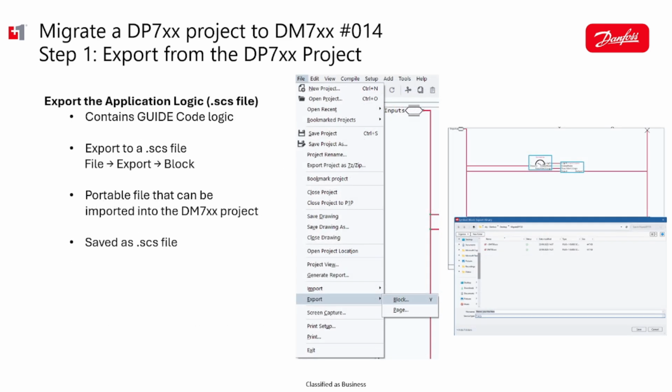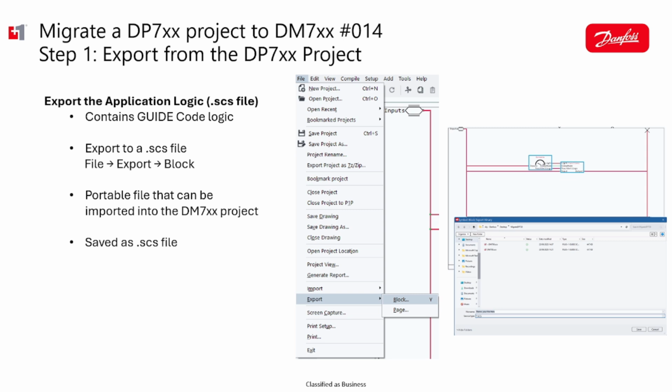Next is export the application logic, also called SCS file. The application page contains your logic, how buttons trigger screen changes, how messages are processed, and how alarms or events are handled. Export this logic to a .scs file by entering to the main application page of the DP7 project and choosing File Export, then Block, and finally select the entire simulation inside the main application page.